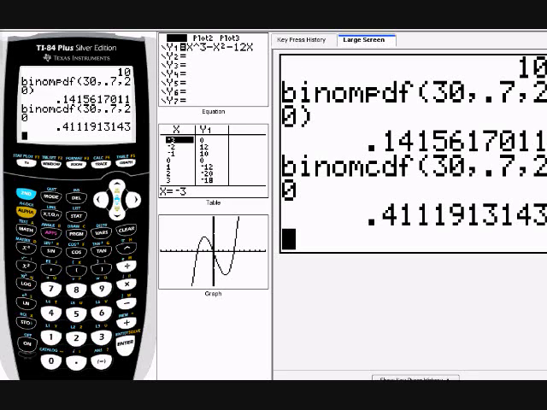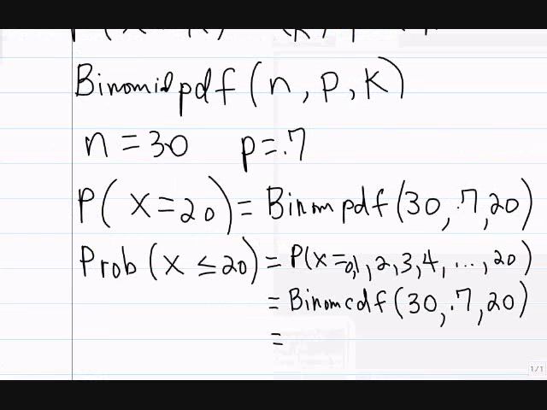If it's just plain old equal to, you use binomial PDF. Same n, p, and k, where the k means the number you're going up to.